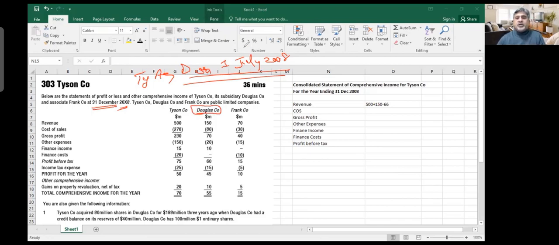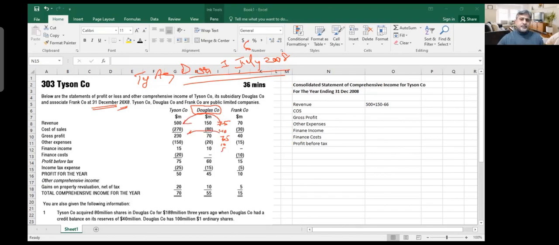We are parent only for 6 months. In that case, you should have made it a proportionate thing first, like not 150, but 75, not 80, but 40, not 70, but 35, and 10, and 5. So 6 months you should have taken, and then you should have added these numbers.